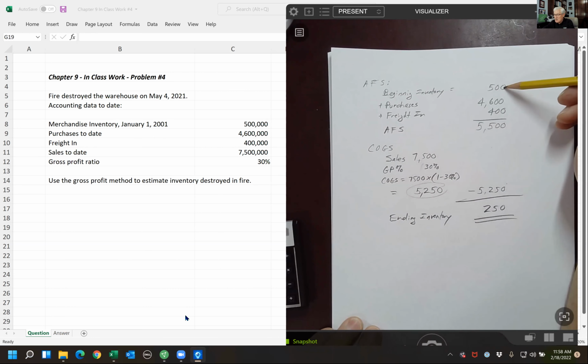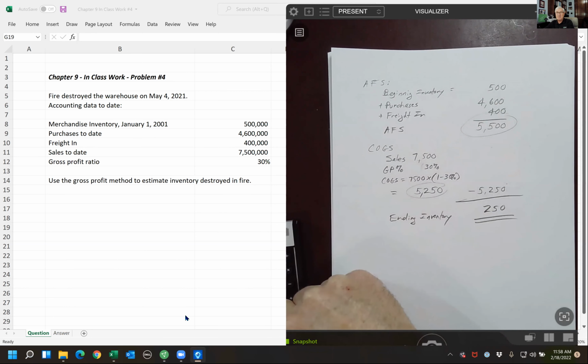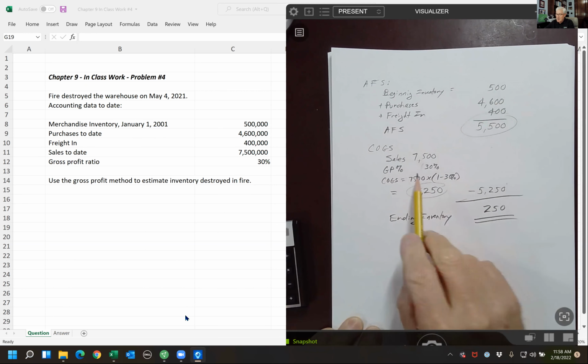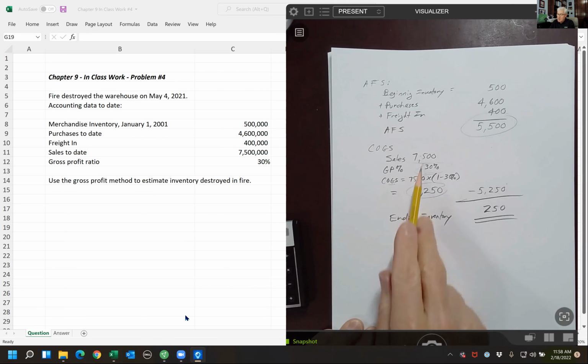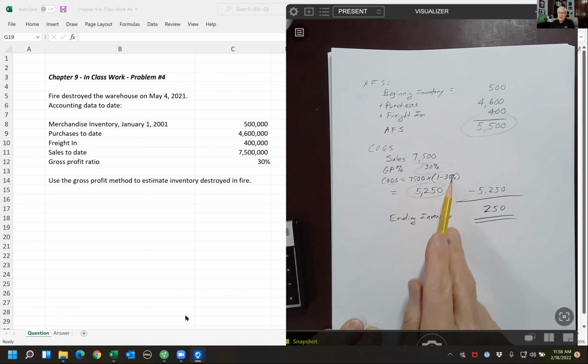So I put my beginning inventory plus my purchases plus freight in, and I got available for sale. I calculated my cost of goods sold, 7,500, using my 30% gross profit. So I knew cost of goods sold equals the 7,500 in sales times 1 minus the 30%, because gross profit equals sales minus the cost of goods sold, and that answer divided by sales is our gross profit percent.